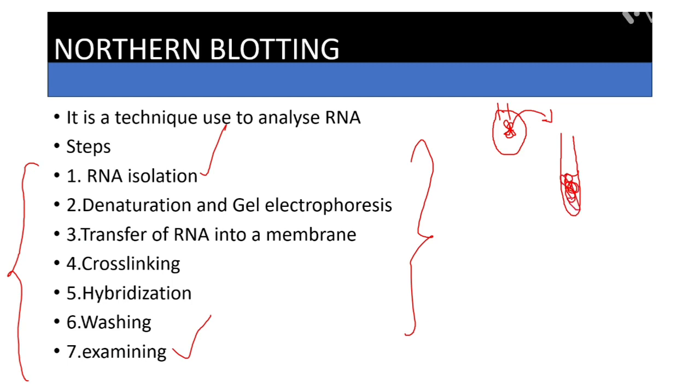And now we have to separate RNA from all other components. We could use protease enzyme to digest the proteins which are present there. This way we could separate all other cellular fractions, and we will finally be left with nucleic acids only, DNA and RNA.